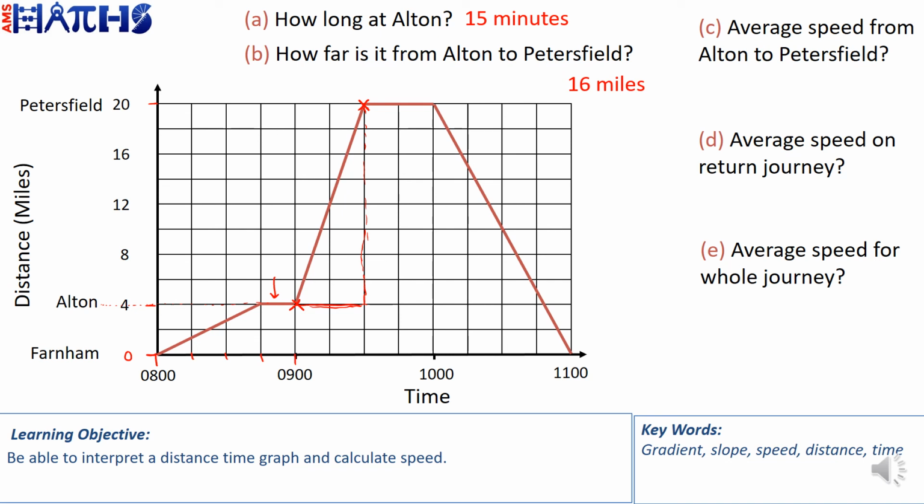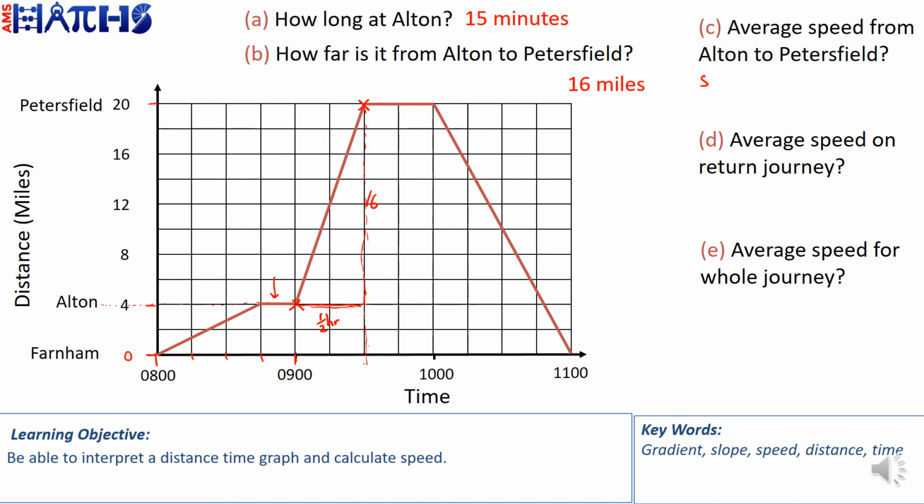So we need the height, and that was 16 miles from Alton to Petersfield. And we also need to work out the time. Now it's half an hour, that is from 9 a.m. to 10 a.m. here, and then it's halfway. So it's half an hour to travel from Alton to Petersfield.